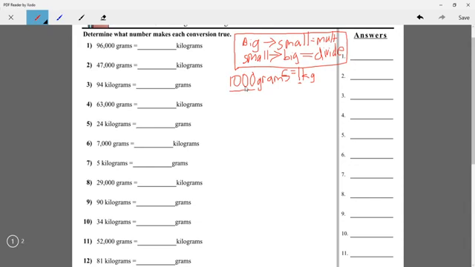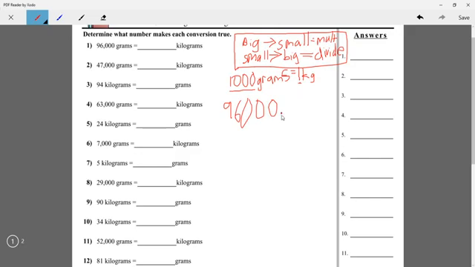So anyway, we are going to divide by 1,000, and all we're doing when we divide by 1,000 is moving the decimal place the amount of zeros. So the decimal place of 96,000 is always at the end. It's right after the ones column.